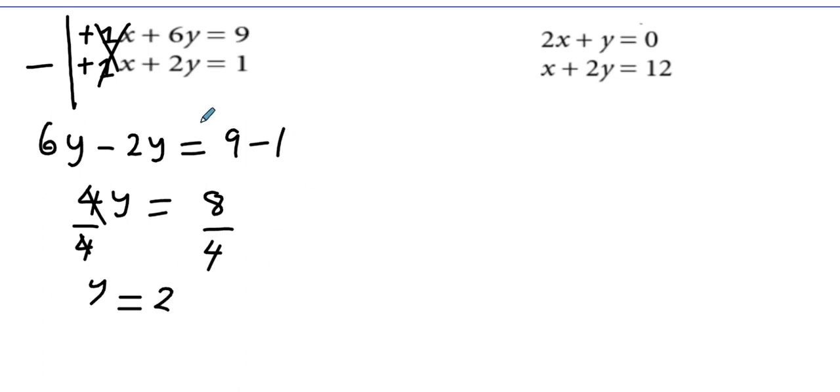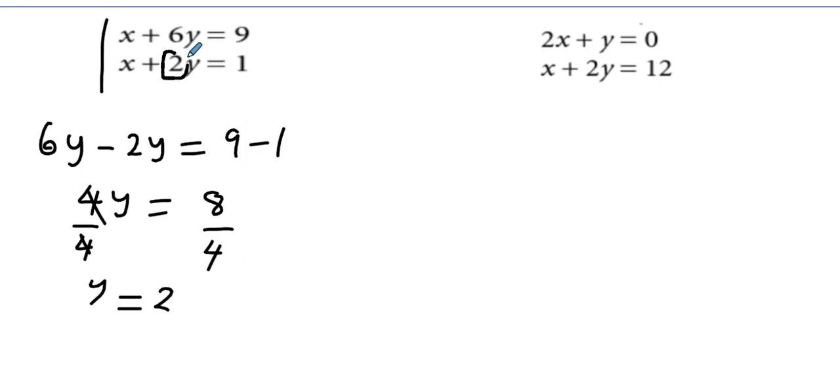Okay, that is done. This time I'm going to remove y. Now you can't remove the letter y because 6 and 2, the numbers on y, are not the same. So we are going to make them the same. How do we do that?